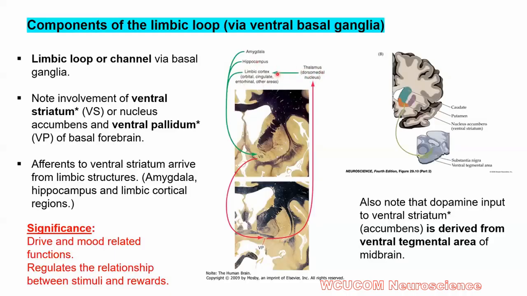So once again, this was the limbic loop, specifically signaling via the ventral basal ganglia, using dopamine from ventral tegmental area.